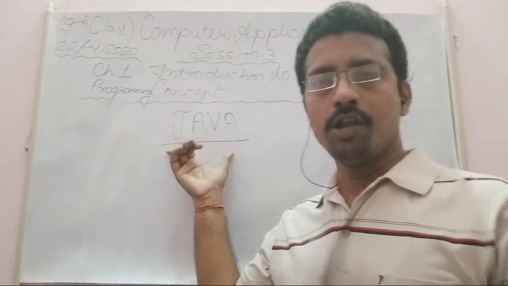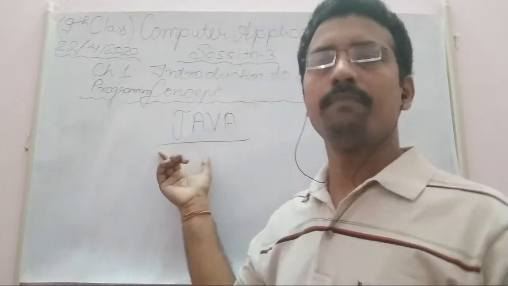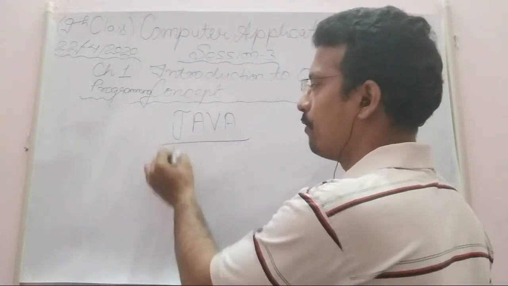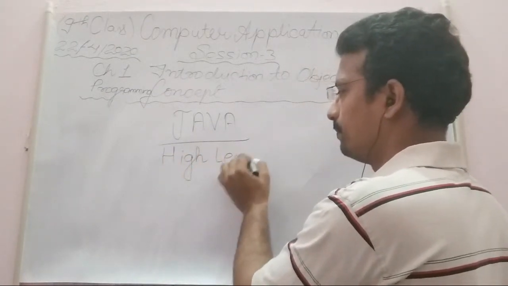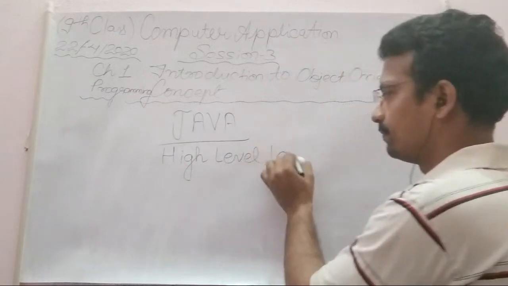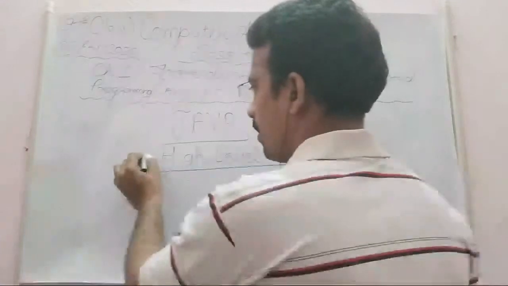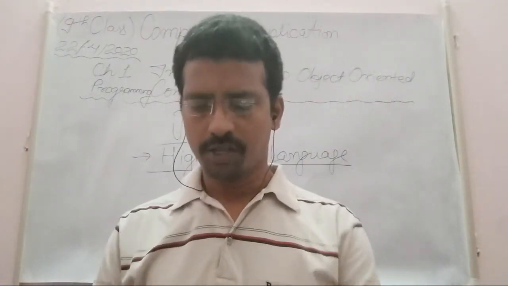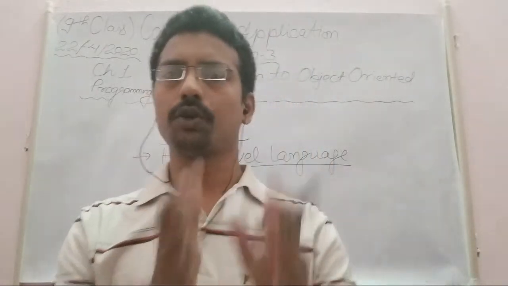Java has been introduced in your syllabus, and if we go by its features, it is a high-level language. The first feature of Java is that it is a high-level language based on complete object-oriented programming.